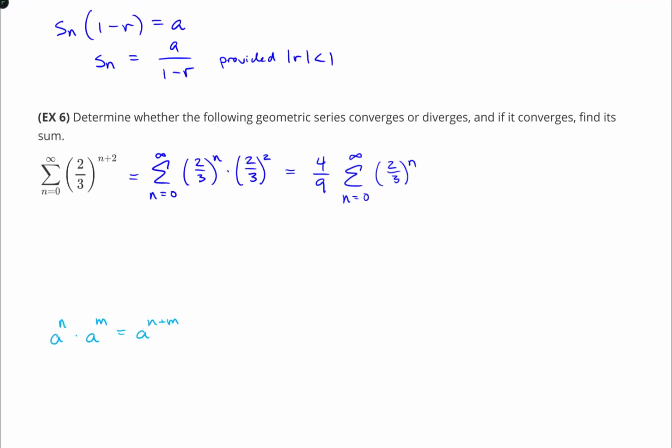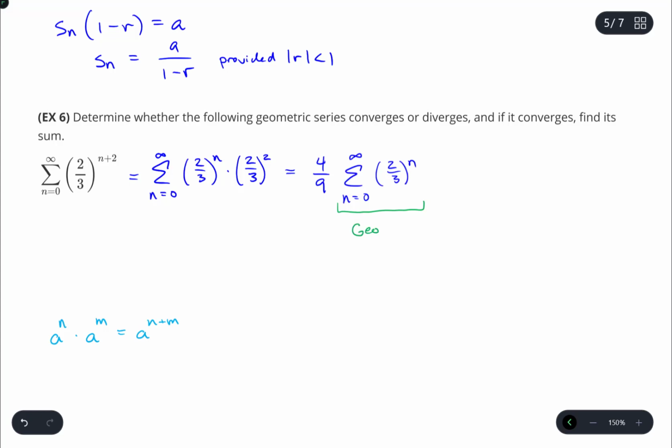And because of that, I can now determine that this series right here is geometric. And because it's geometric, I can identify the value a. Well, a in this case, I actually could have used a as 4/9, but I pulled it out of the sum, so it doesn't really matter.